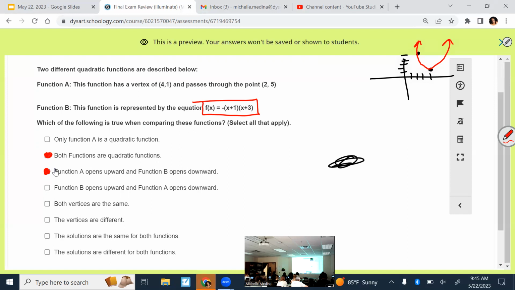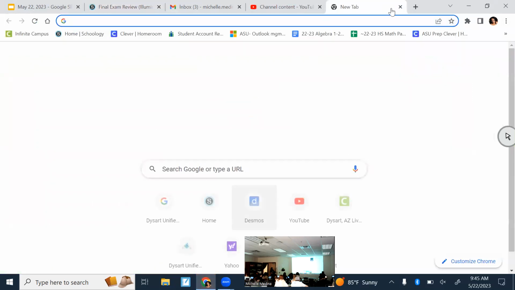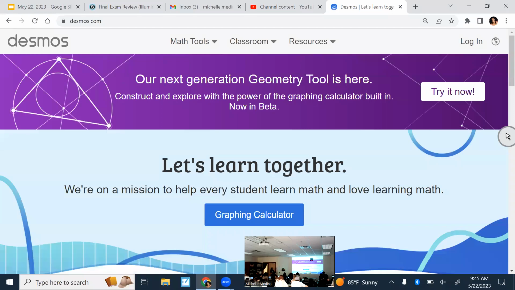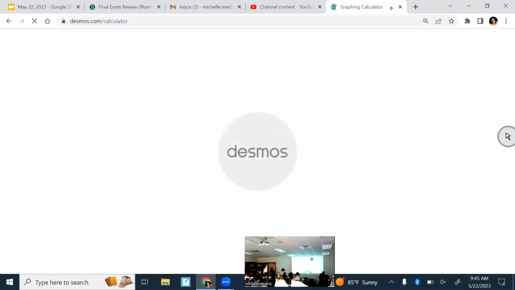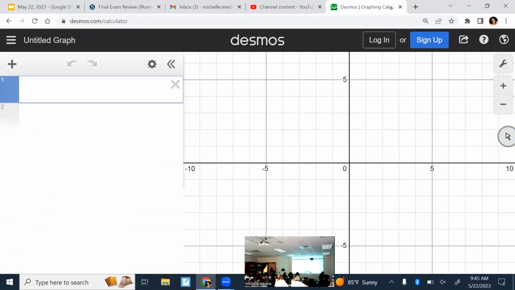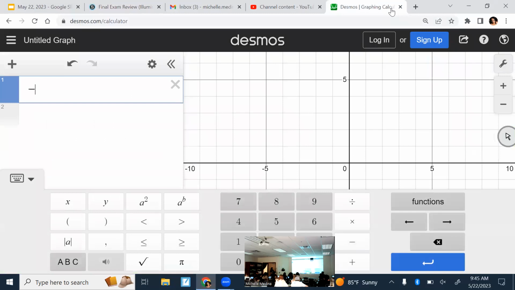Both vertices are the same. Vertices is plural for vertex. I would have to graph this and see. So never mind, I'm going to take that later. But you do need to graph this and see. So minus, parentheses, was it x plus 1 first?